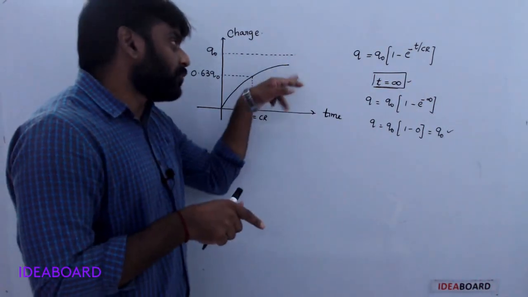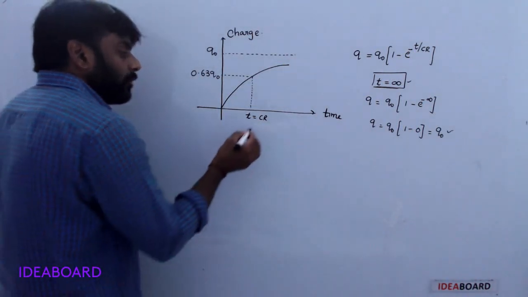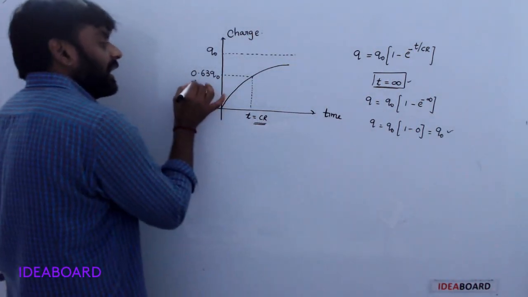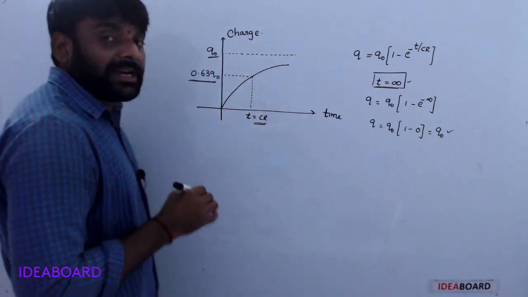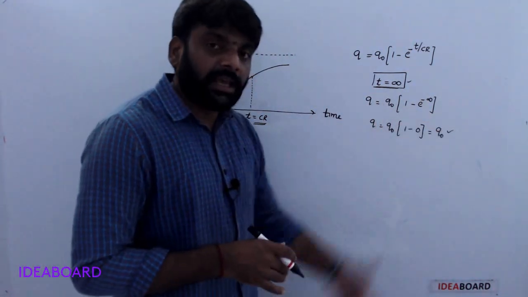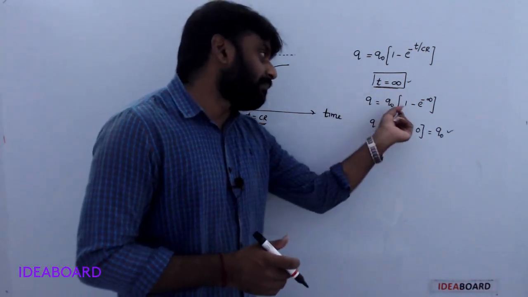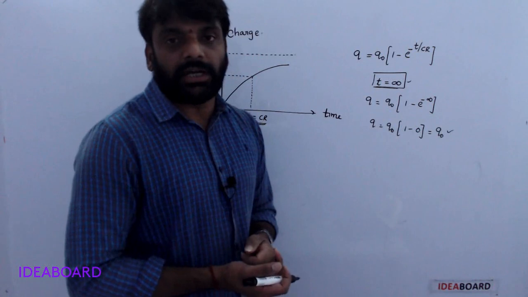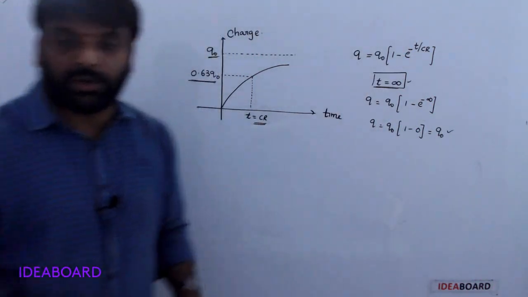Understood? At t equal to CR, it reaches 63%. It reaches the maximum, that means 100%, at t equal to infinity. Theoretically. Understood?